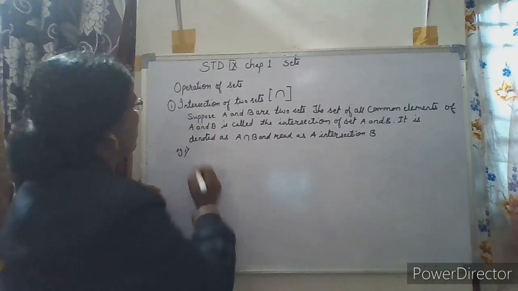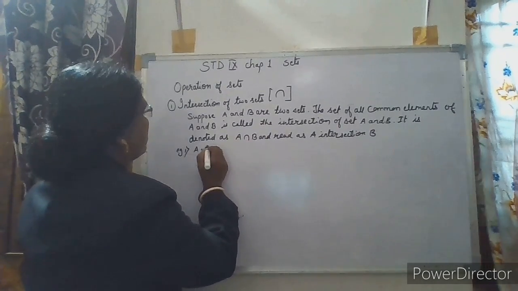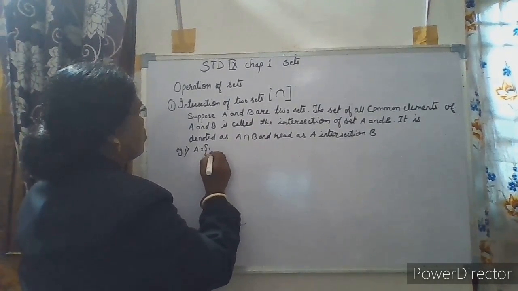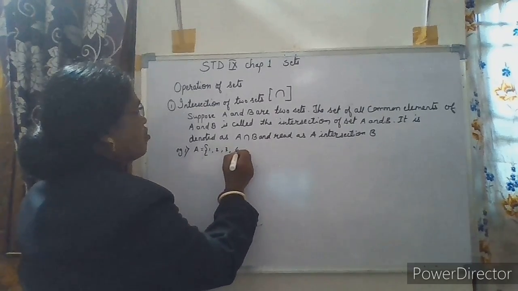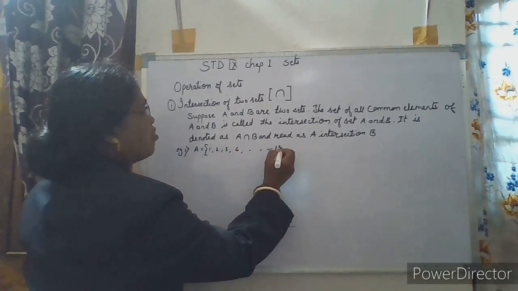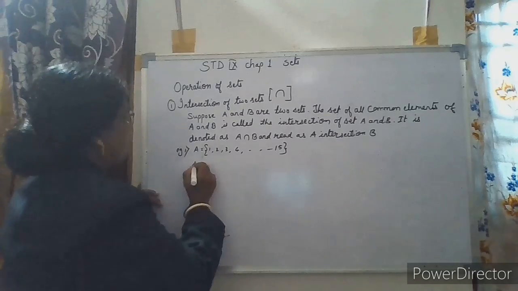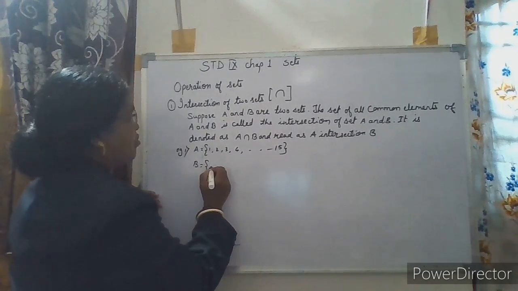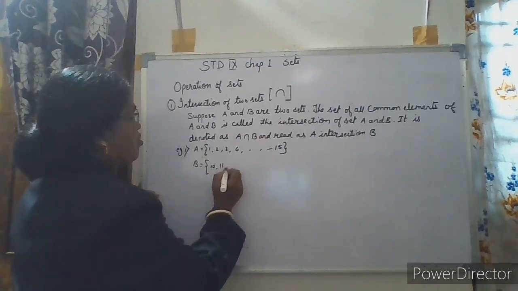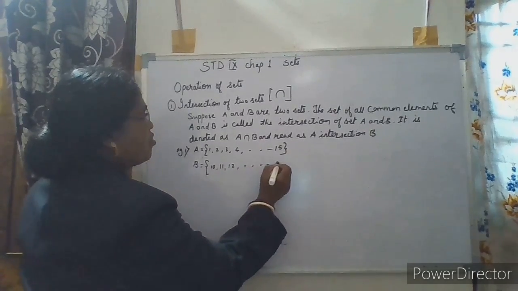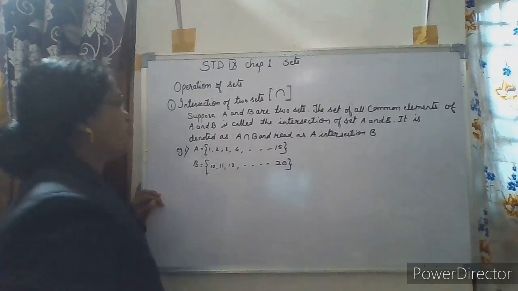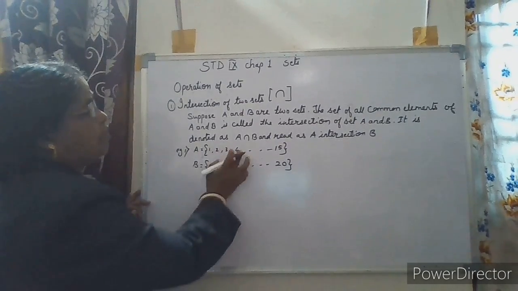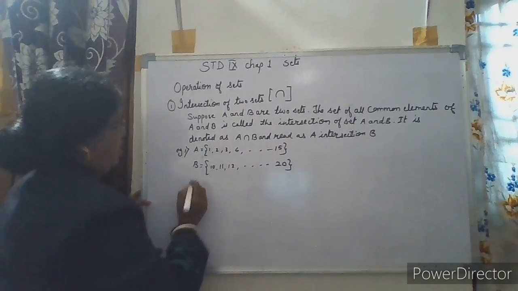Example 1. Suppose if I take set A equal to as set B equal to as up to 20. Now, what are the common elements between set A and B?